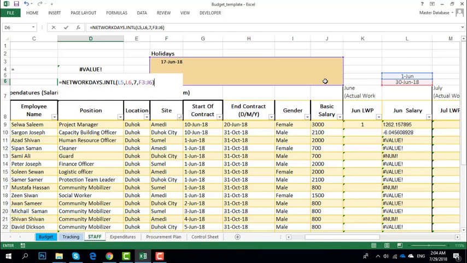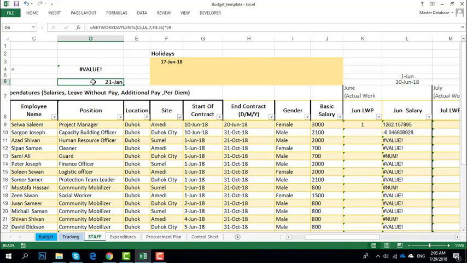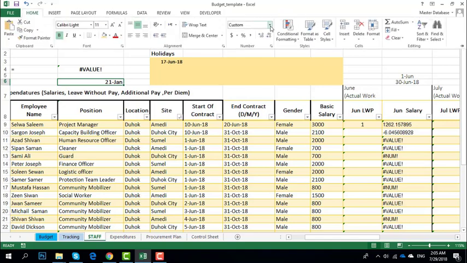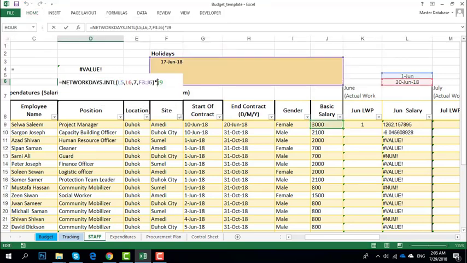Yes, now we have the actual days. Then this one needs to be multiplied with J9. Then we have the actual one, which is J9 divided.